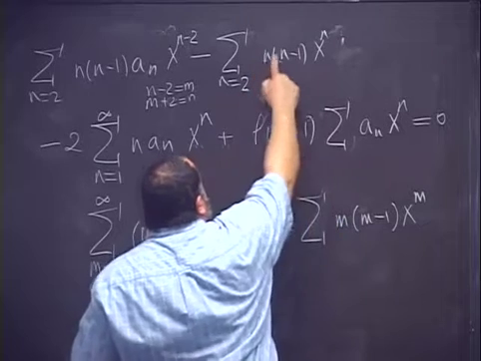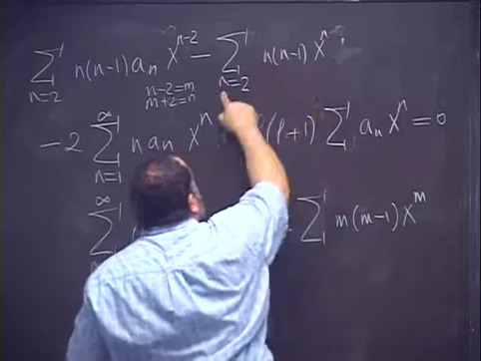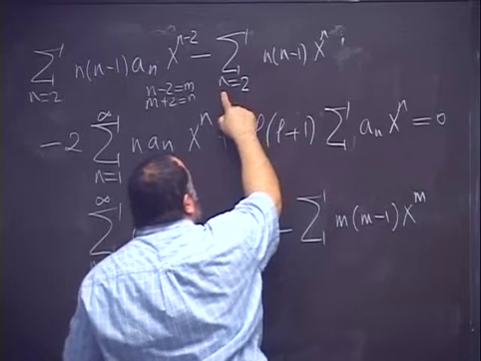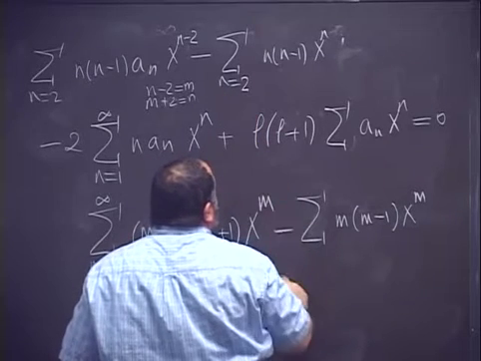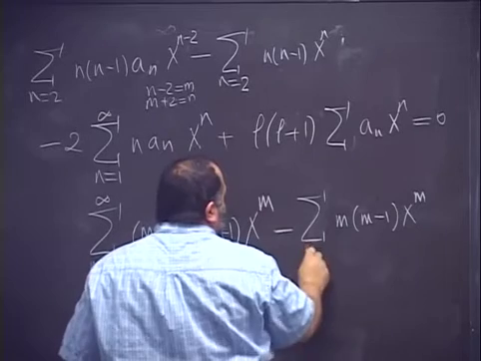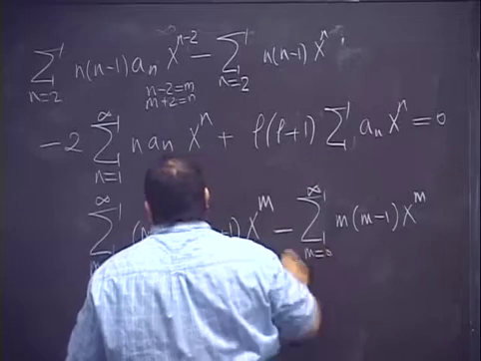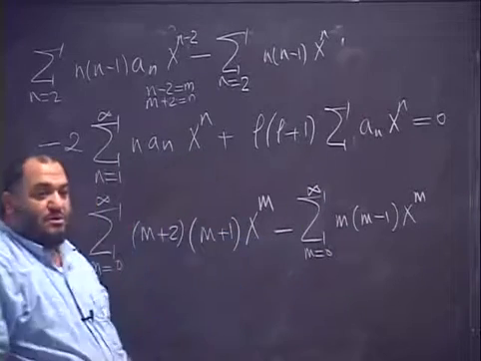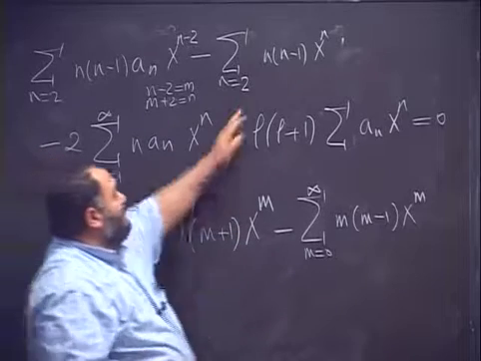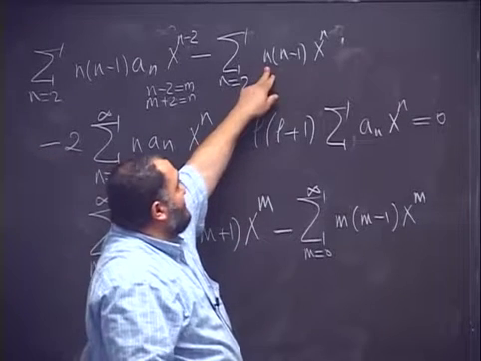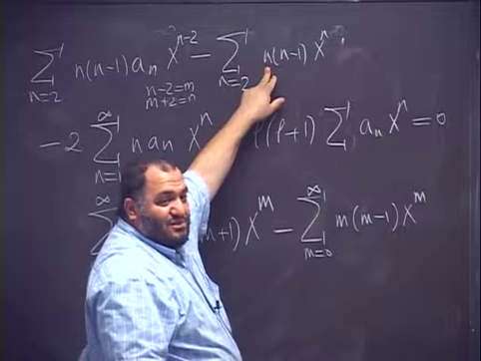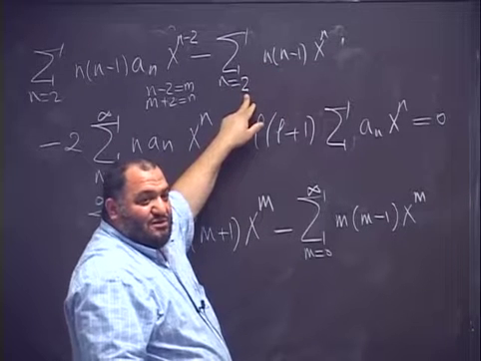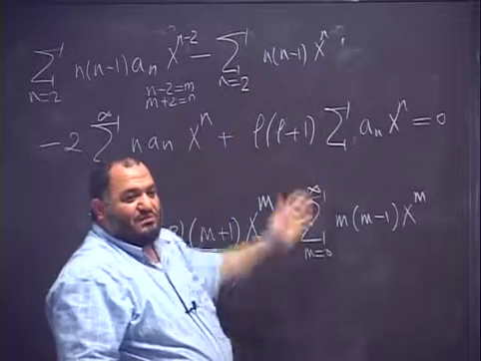So this is m minus 1 x to the power of m. m started from 2, but does it make any difference if I make m start from 0? I do not have anything, because if m starts from 0, the first term is 0 and the second term is 0, and I would start from m equal 2. So I did not change anything.